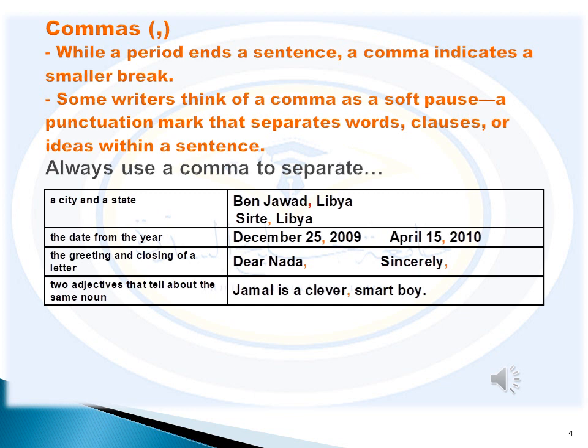So here, for example, Jamal is a clever, smart boy. Jamal is a clever, smart boy. So here we separate clever and smart, okay, with what? With a comma. Both of them are used for the same noun.